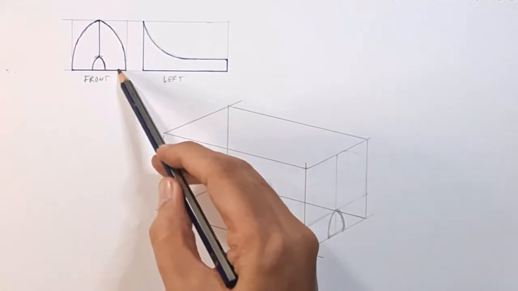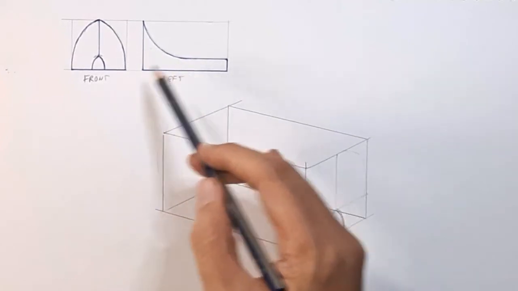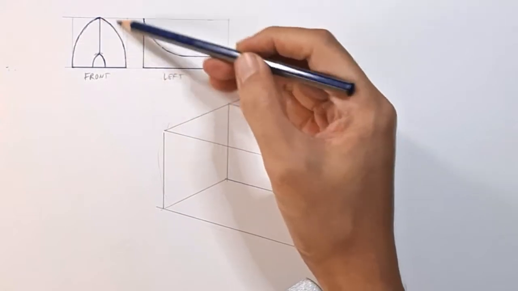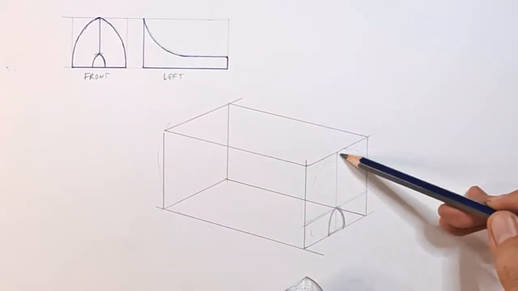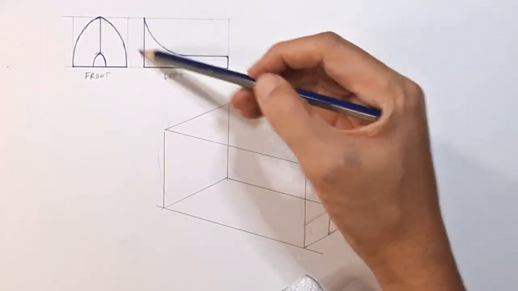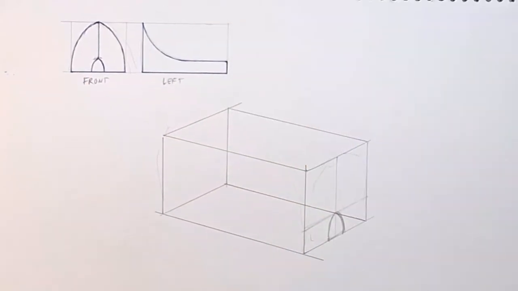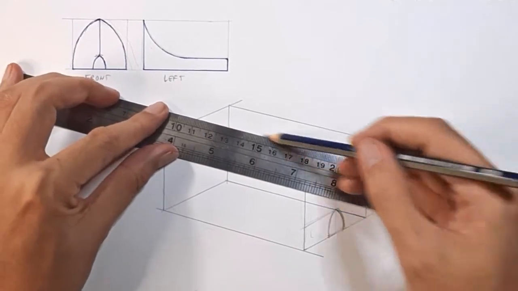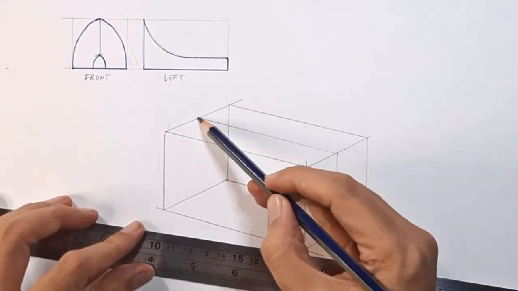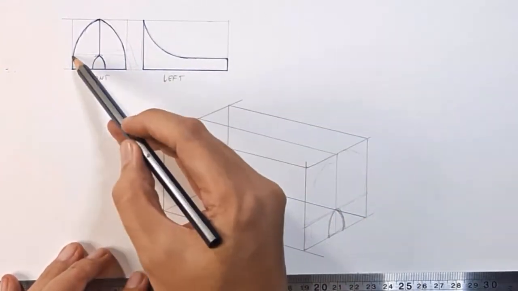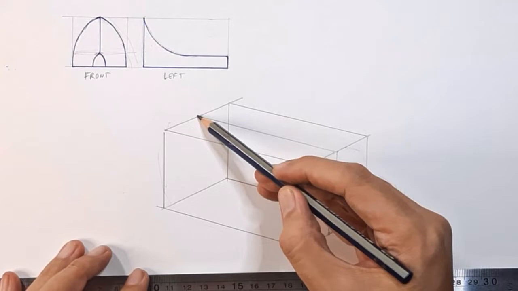Now, since this is the front view and this is the left view, it looks like that this portion is not really reflected in the front. I mean, I could always put it there, but this looks like it's more towards the back, this part here. So I'm going to extend that middle, and then again I'm going to estimate where that curve goes.